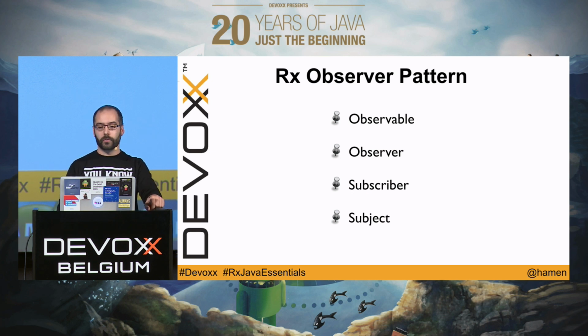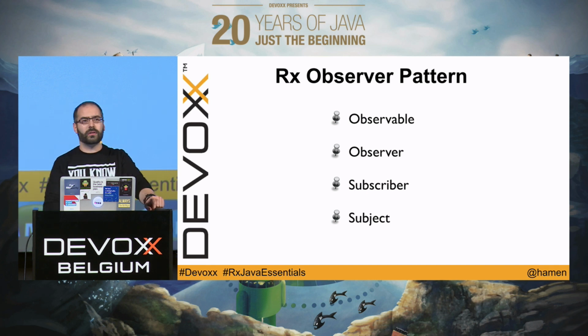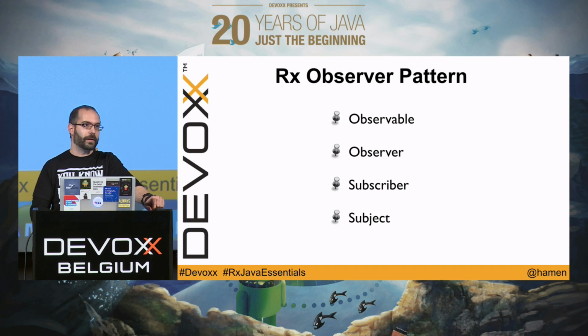If you want to go deeper, there is a talk from last week by Jake Wharton about subscriber, because it turns out that everything is a subscriber in RxJava, and we have just a bunch of wrappers that make things easier.